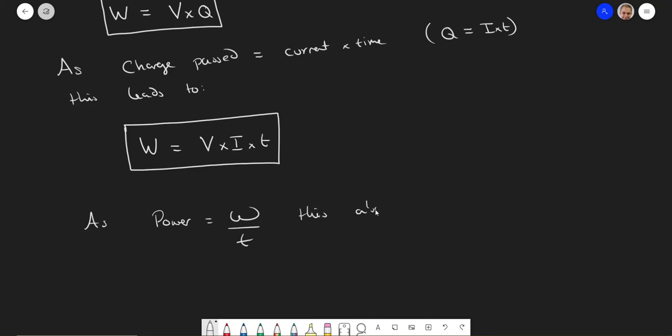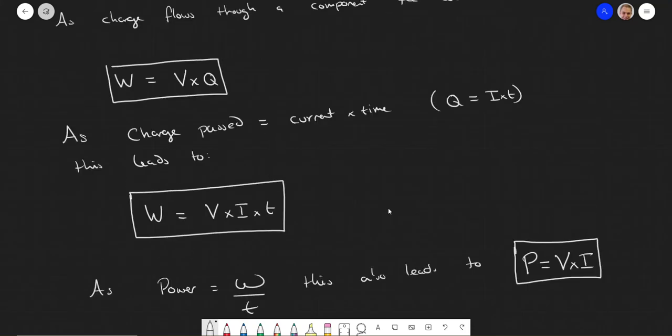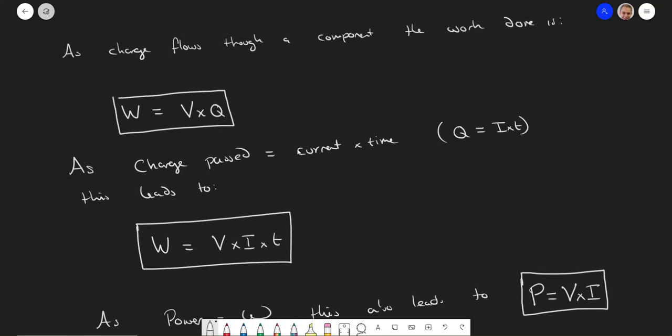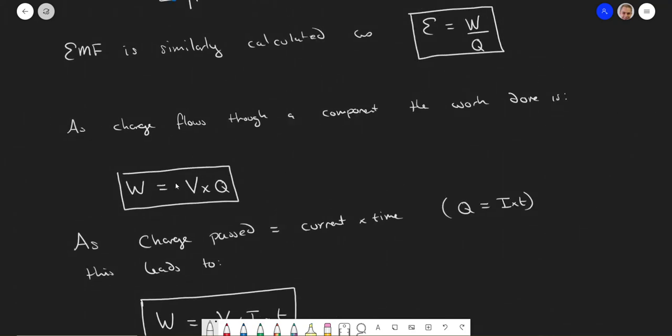This also leads to power equals voltage times current. That's another one of the equations you may remember from last doing it. They all really arise from these two standard things. Charge is current times time, or current is defined as charge over time, and voltage is defined as energy per unit charge.